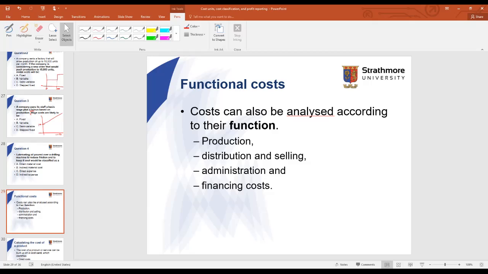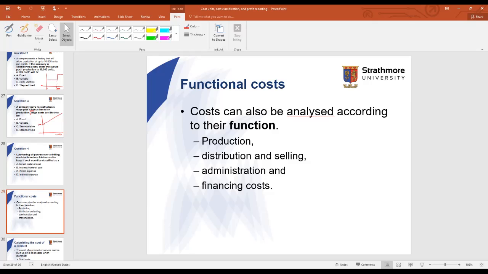What was the reason behind incurring that cost? Is it to do research? Was it for distribution of the commodity? I think that's the easiest way of explaining it. What function, what purpose was that cost incurred for?